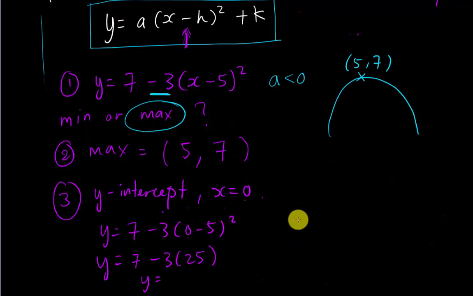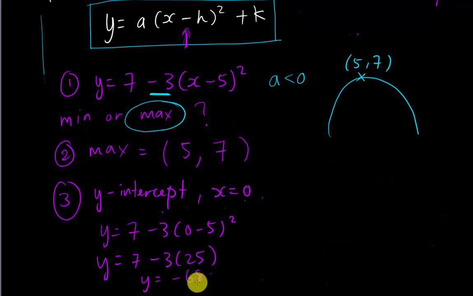This is not 65, this is 75. So it will be negative 68. Am I correct? Yes, negative 68 plus 7. It should be correct.